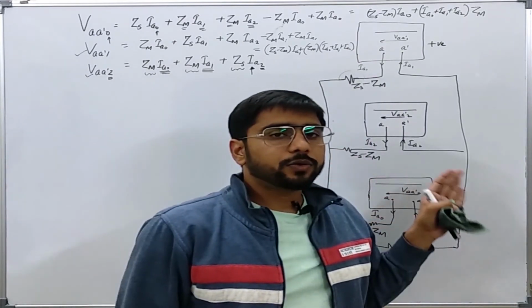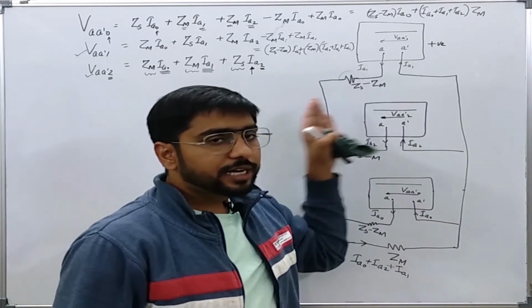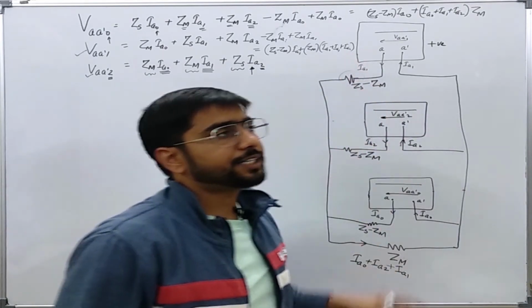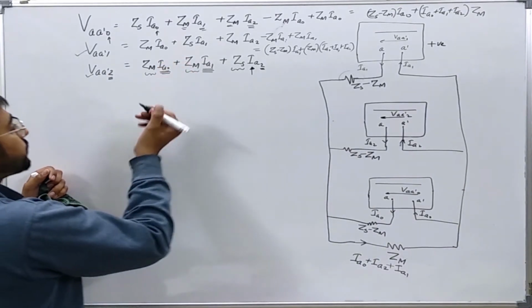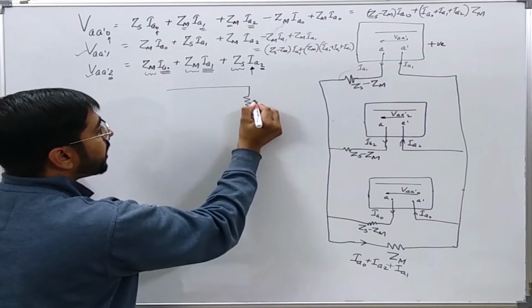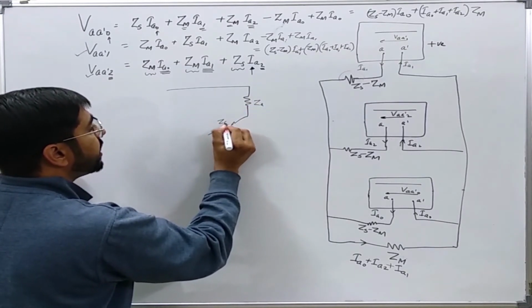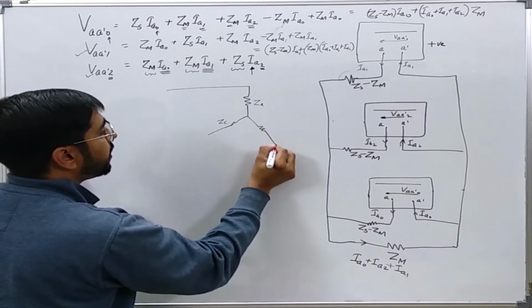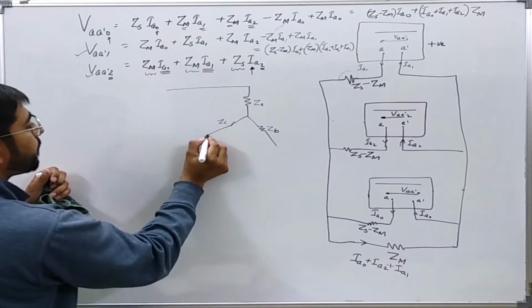Now we will try to see one or two special cases from this same sequence network interconnection. Let us say this is the load ZA, this is ZC and this is ZB.